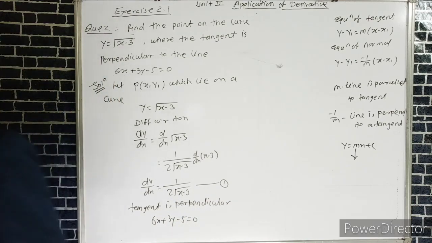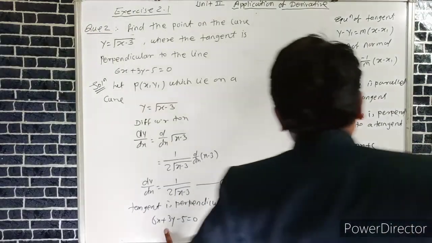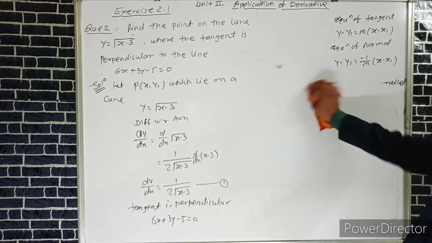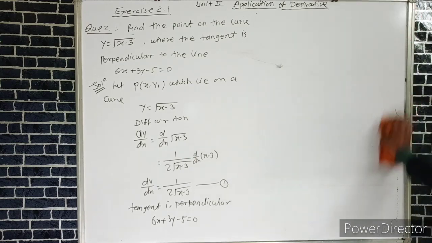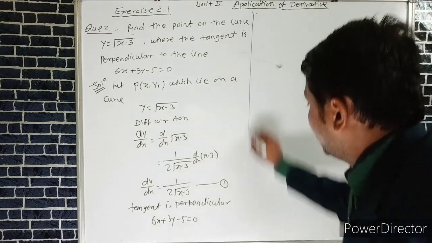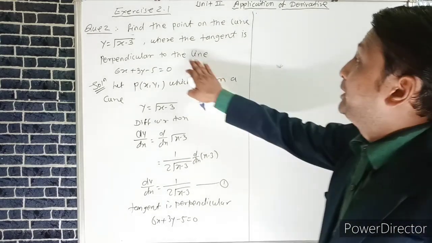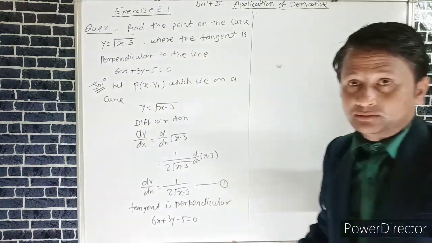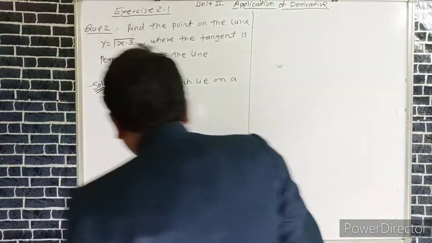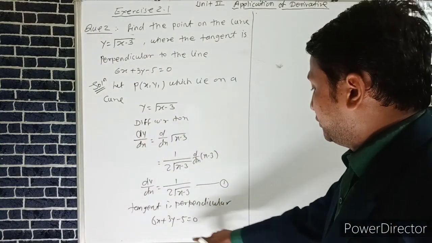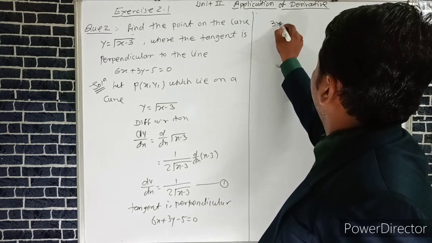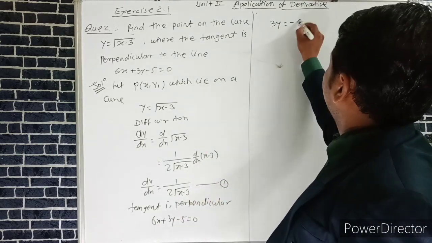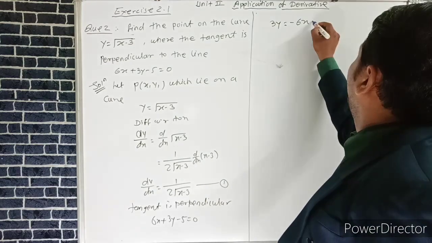If we convert this equation into slope form, which is y equals mx plus c, then we can find the slope of the line which is perpendicular to the tangent, which means it gives the slope of the normal. So for the given equation 6x plus 3y minus 5, if we take 3y to the left and 6x to the right side, we can write 3y equals minus 6x plus 5.